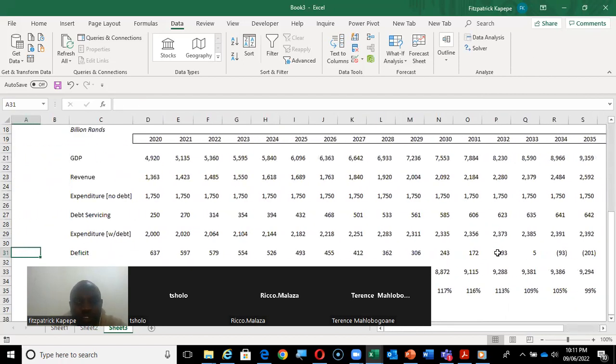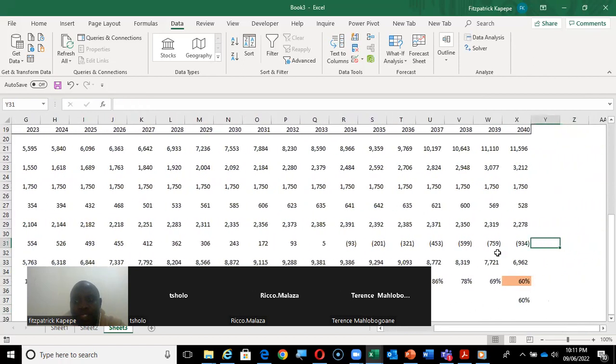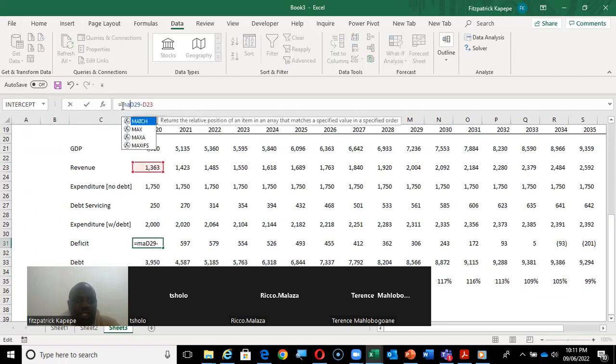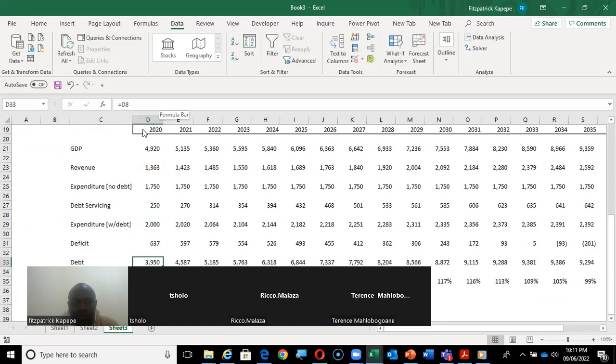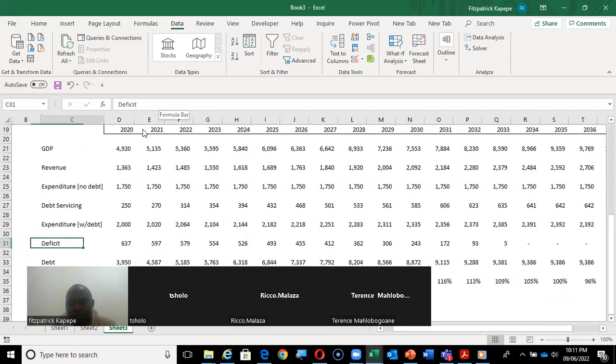So maybe the other thing is that where you do not have a deficit, it should show a zero number so that it doesn't reduce your debt. So you can put in a formula where you say equals, or let's pick the max between these and that. Then you take it up to there.